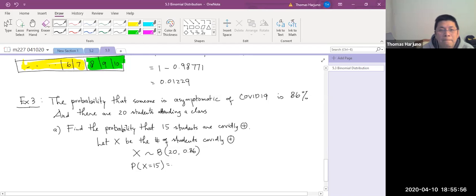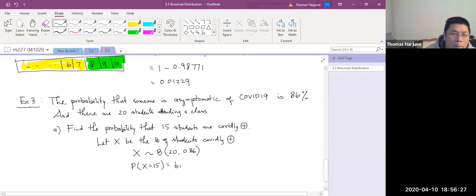So to be more precise, of people who are COVID positive, 86% of them are not showing any symptoms. But let's suppose that you have 20 students, 86% not showing any symptoms, and what is the probability that 15 of them are not showing any symptoms?